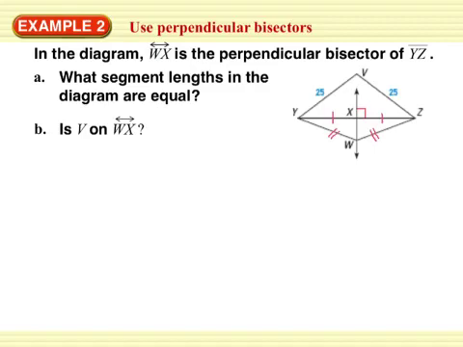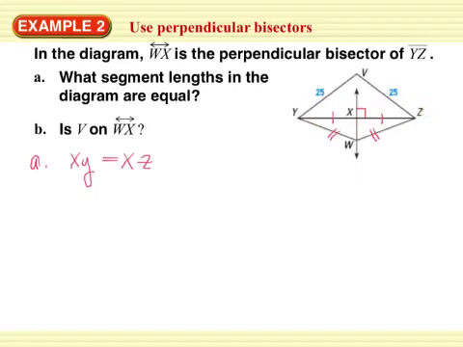I've already marked them. Part A: XY is congruent to XZ because WX bisects YZ. So XY and XZ are congruent.